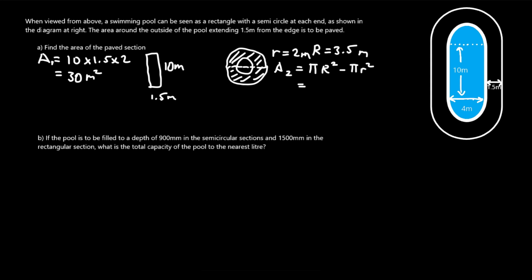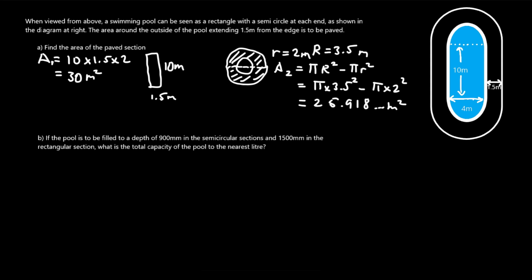And if we substitute our values in, we'll get pi times 3.5 squared minus pi times 2 squared. And if you pop that in the calculator, you will get 25.918, etc. meters squared. 3 decimal places is usually good enough for geometry.